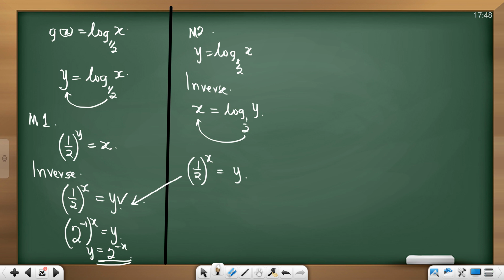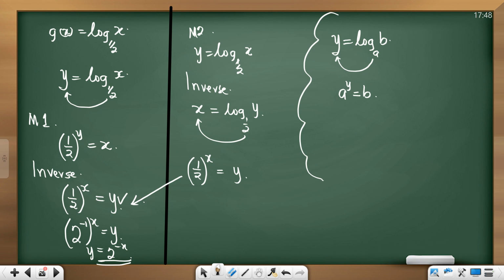So what's important is to say that if y equals log base a of b, how do you get b? A to the power y is equal to b. That is the main thing.